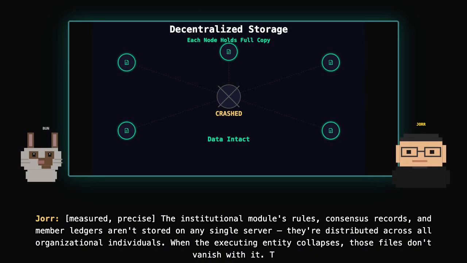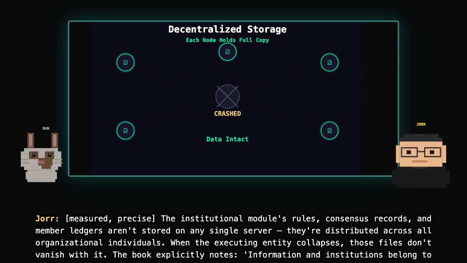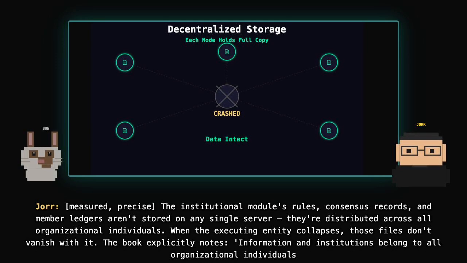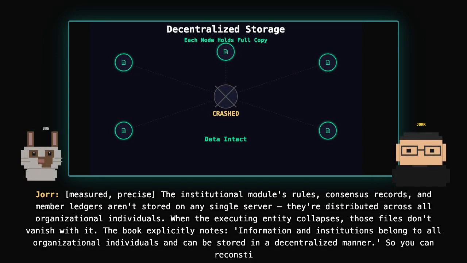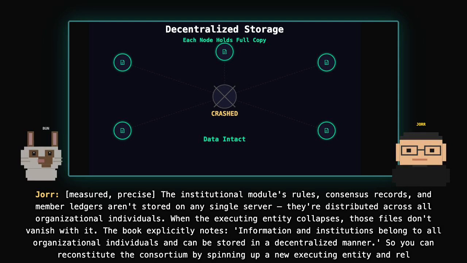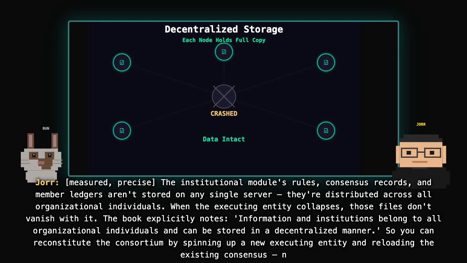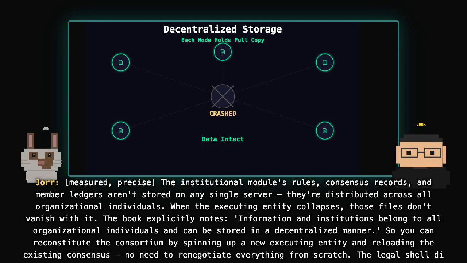The book explicitly notes, information and institutions belong to all organizational individuals and can be stored in a decentralized manner. So you can reconstitute the consortium by spinning up a new executing entity and reloading the existing consensus. No need to renegotiate everything from scratch. The legal shell dies, the organizational memory survives.